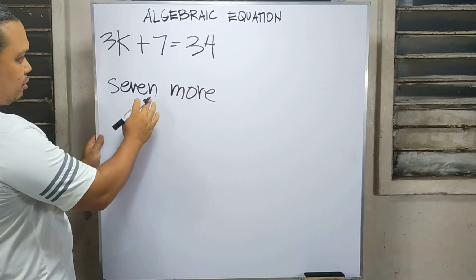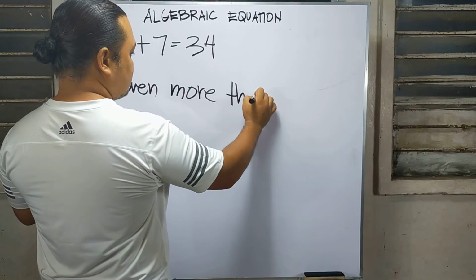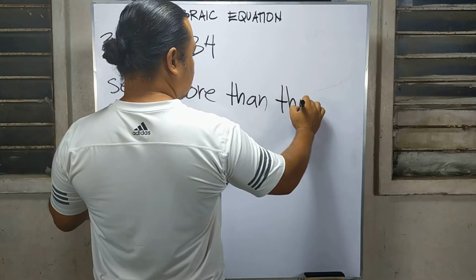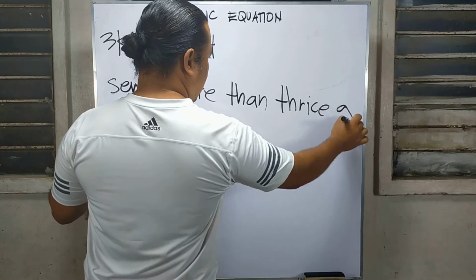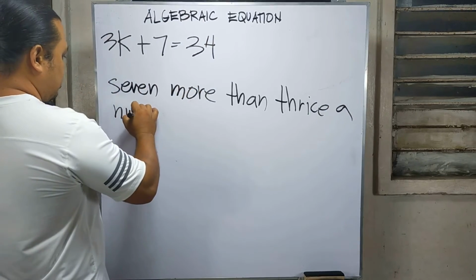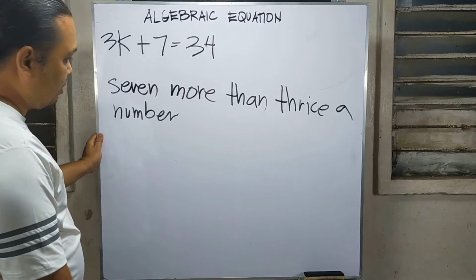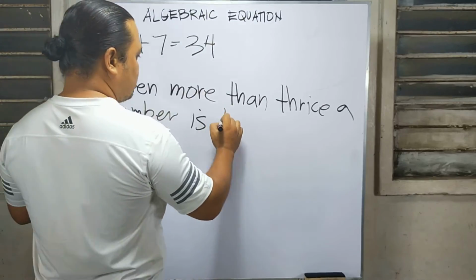So we can say 7 more than thrice, or 3 times, a number, which is k here for our variable, is equal to 34.